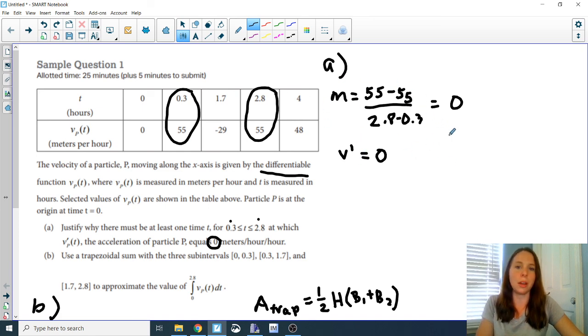This is not enough work to justify anything. You need to be using the words mean value theorem in an explanation. This is just a little bit of the work to show the conclusion. If you have any questions, feel free to reach out to me and let me know what you need. Okay, bye.